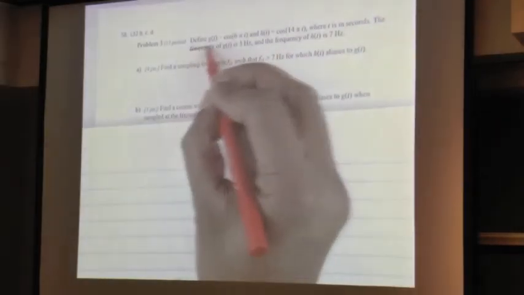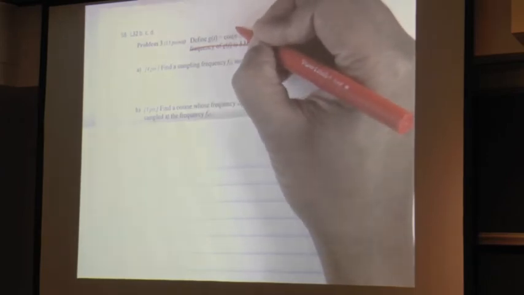It tells you that the frequency of g of t is 3 hertz, and the frequency of h of t is 7 hertz. Well, they didn't actually need to tell you that. That information is already there. So let's cross that out. If that information was not there, you would still know, because what's in here is 2 pi f1 t, and what's in here is 2 pi f2 t.